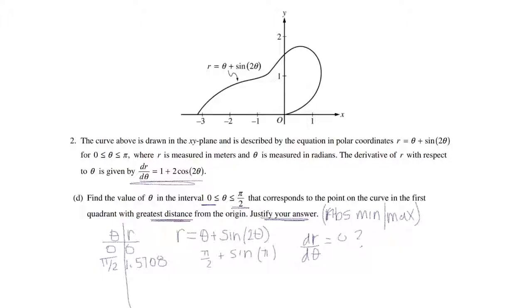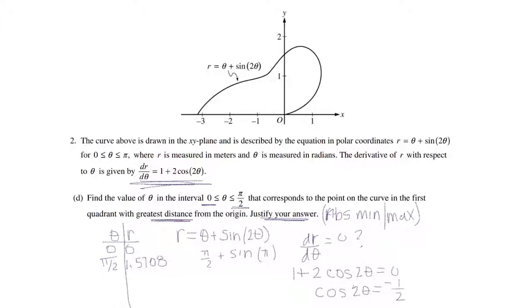If we graph dr d theta and set it equal to 0, or we could just go ahead and say, I know 1 plus 2 cosine 2 theta equals 0. Sometimes it's quicker to solve it by hand, but you have to be careful to make sure you don't miss it. So I have cosine 2 theta equals negative 1/2.